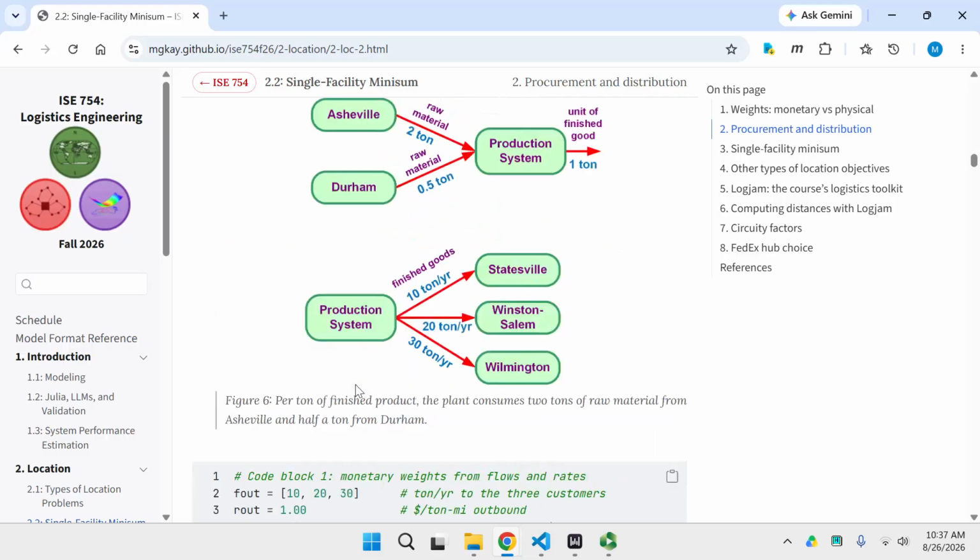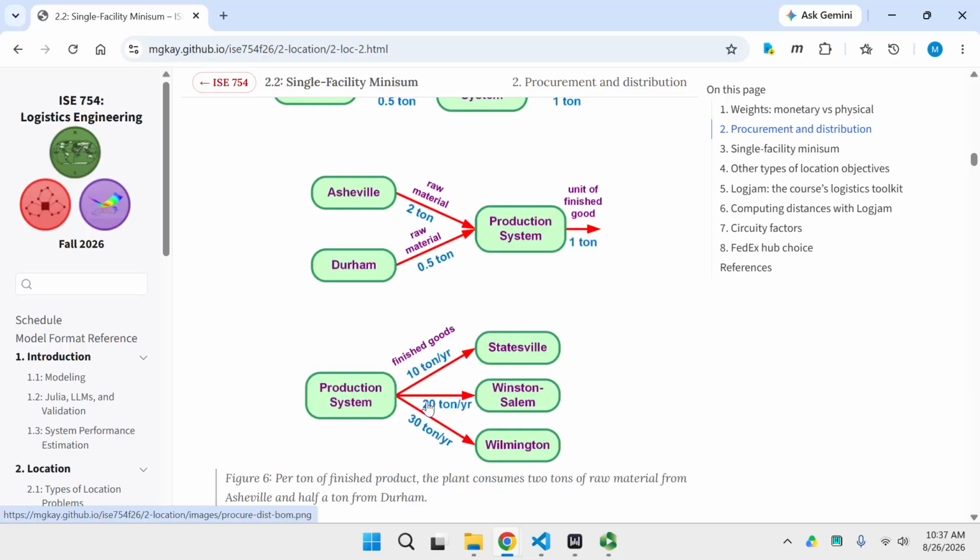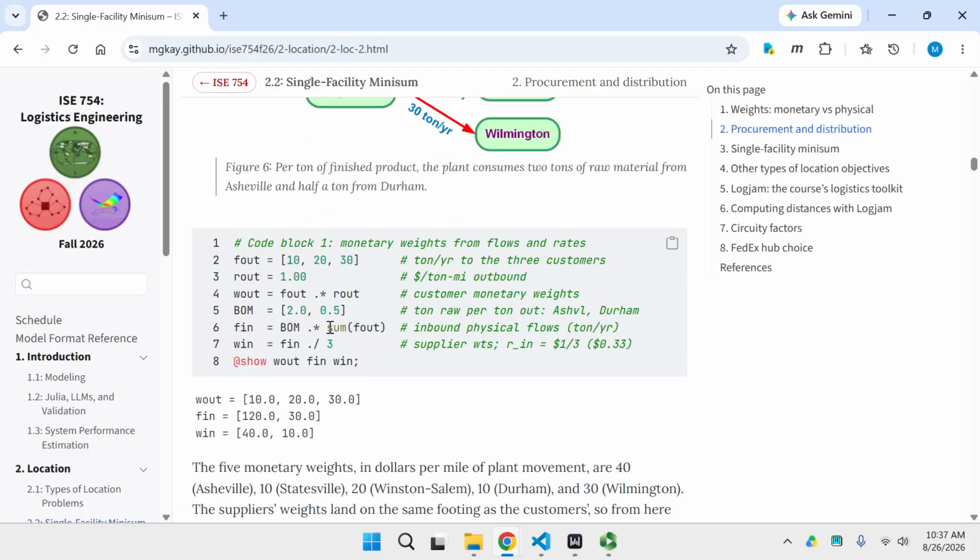Then to figure out the amount of input, because of the way the problem is specified, we don't know how many actual tons need to come from Asheville to the production facility, and we only know that if we add up the outbound demand for the product. So we're adding up all of the outbound demand and then multiplying times each of these bill of material ratios, and that gives us the amount of tons we need from Asheville, which is 120, and then 30 tons from the Durham supplier.